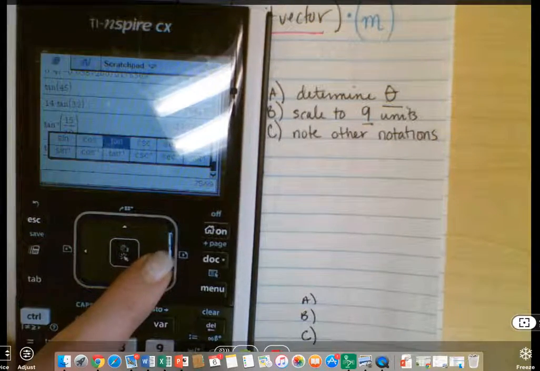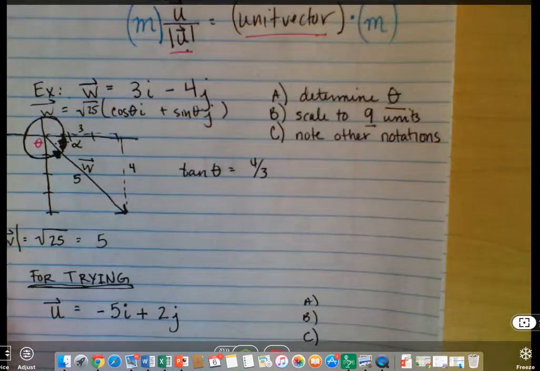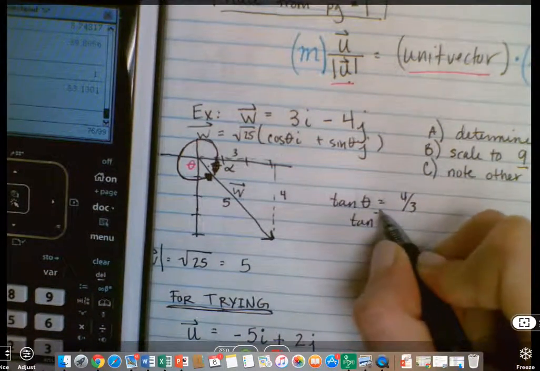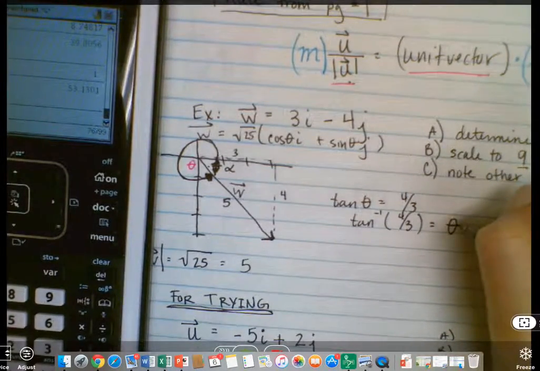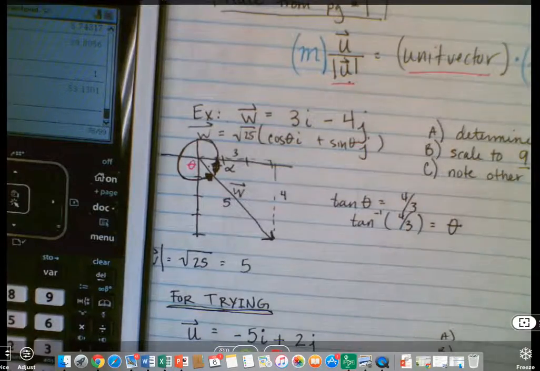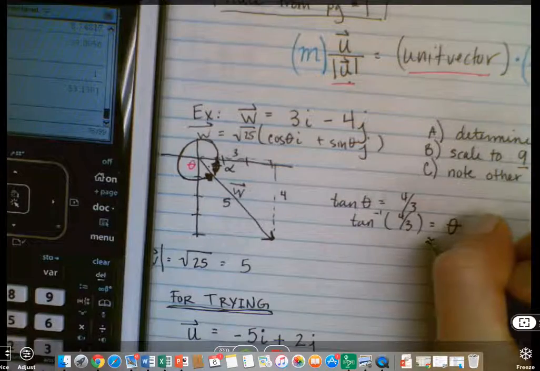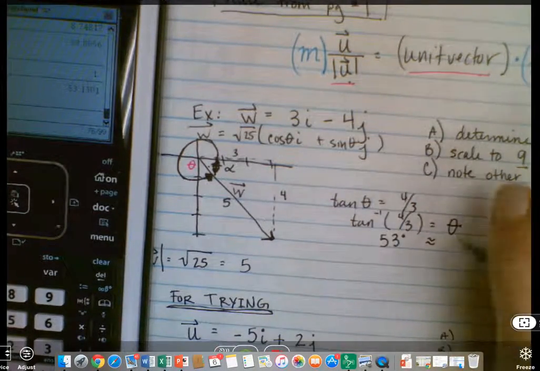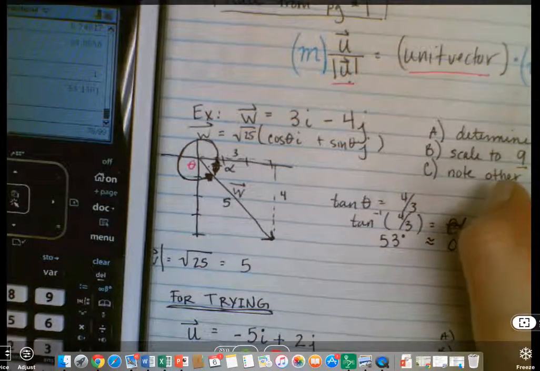Let's do tan inverse of 4/3. So the inverse tangent of 4/3 is theta. Okay, so we're going to round to the nearest whole degree here. We're going to say 53 degrees approximately is, oops, alpha.